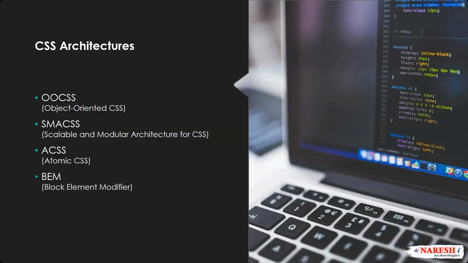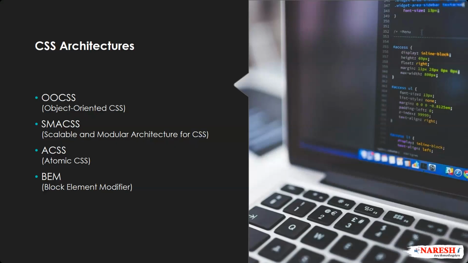That means the main role of CSS architecture is to make things reusable, extendable, easily maintainable and easily testable. So not just CSS, you need to understand the CSS architectures, and in real world development, these architectures are very important.